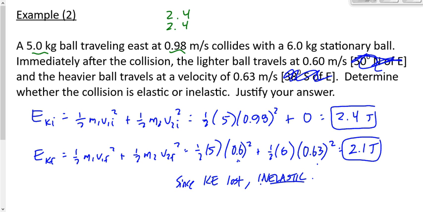That's a good question, though. Technically, wouldn't it be inelastic because you're losing kinetic energy? The idea of significant figures is that these digits here are uncertain. So even though this one's slightly more, we can't really say that it actually is more because we're uncertain about what those numbers should be. The whole reason that we round to significant digits is to show our degree of confidence with our answer.